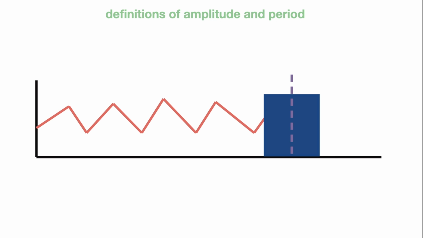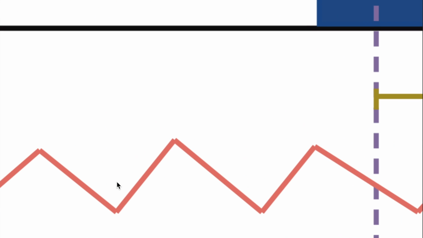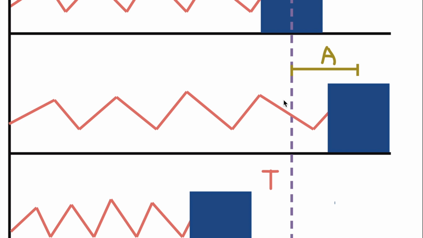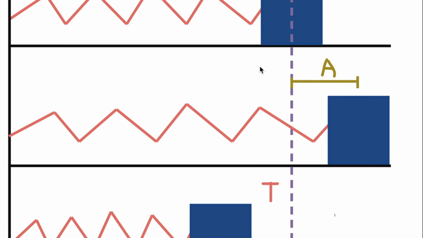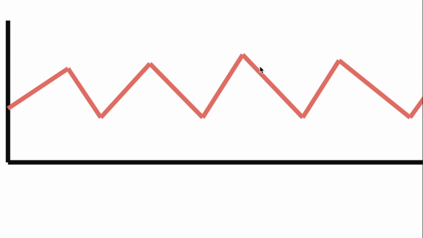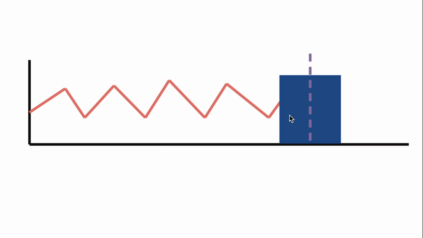the amplitude is going to be the distance between the equilibrium point, as it's called. The equilibrium point is the point where it always wants to go back to. So if you pull it this way, it's going to want to come back this way.